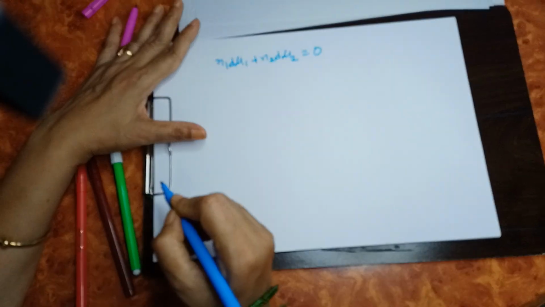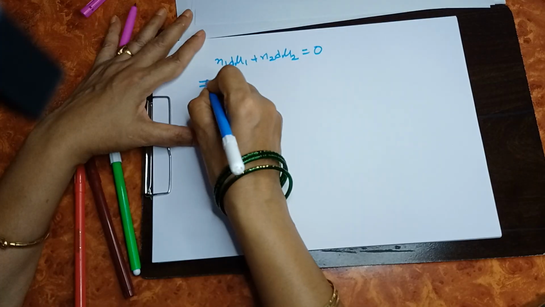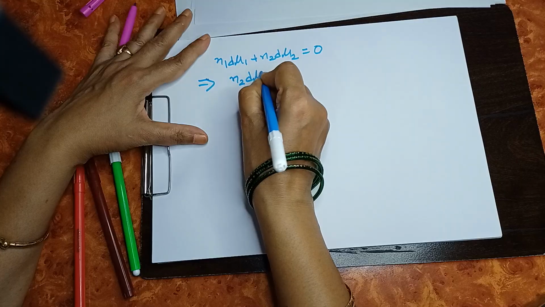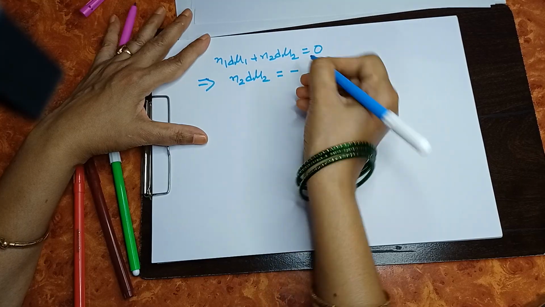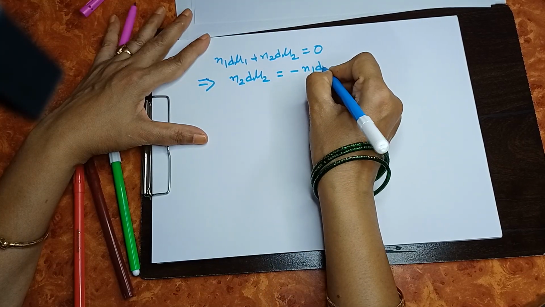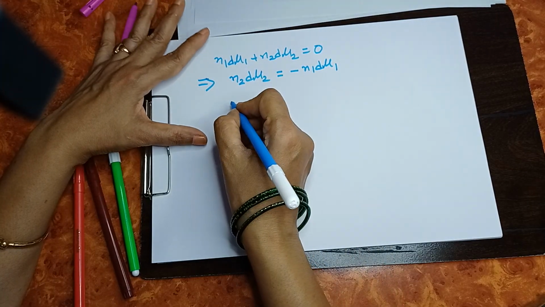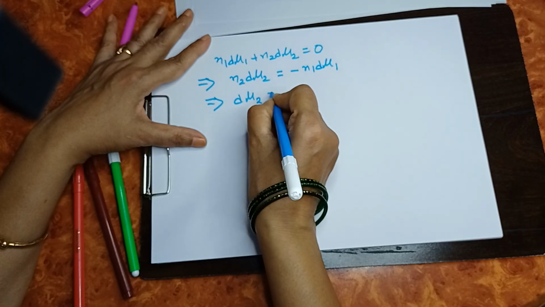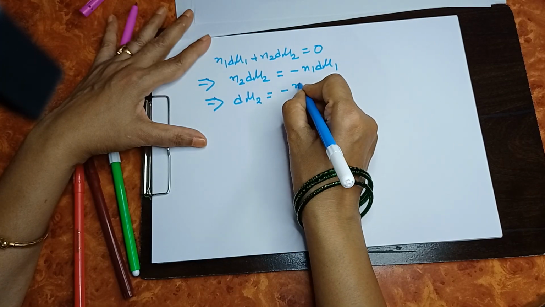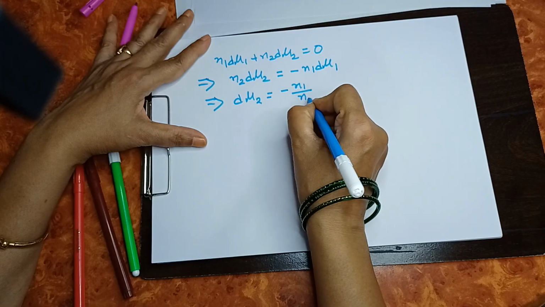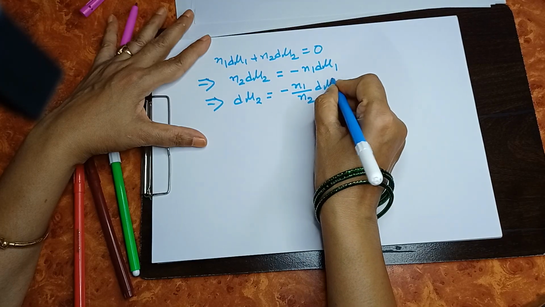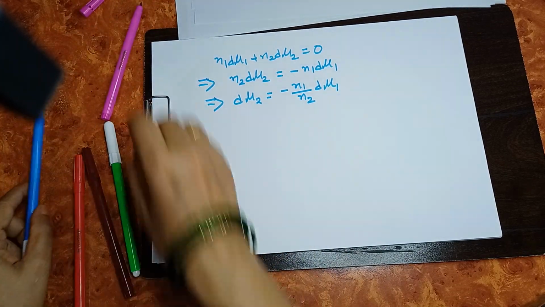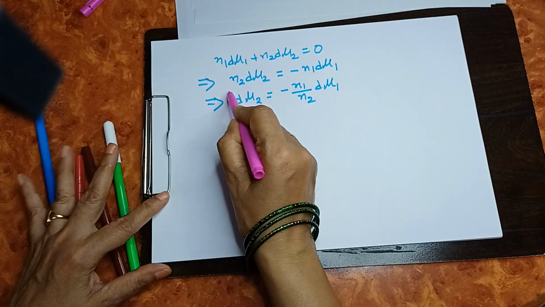So from here I can write n2 d mu 2 is equal to minus n1 d mu 1, so d mu 2 is equal to minus n1 by n2 d mu 1. Look at this equation, it is important.